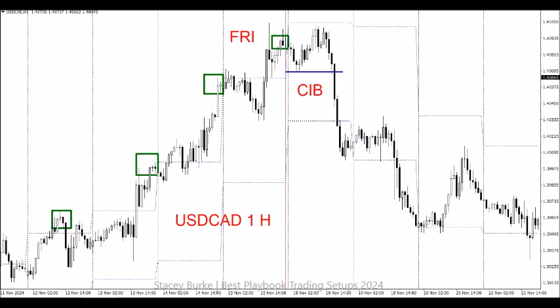Just another example of sitting on your hands and being patient and not worried about catching little moves or trying to read the tape or figure out the market or count pushes or sweeps or gaps, but looking for specific setups, hunting them, waiting, and understanding that when they present, you'll notice that there's not a lot of auction process back and forth, reinforcing the concept of looking for scalable opportunities.